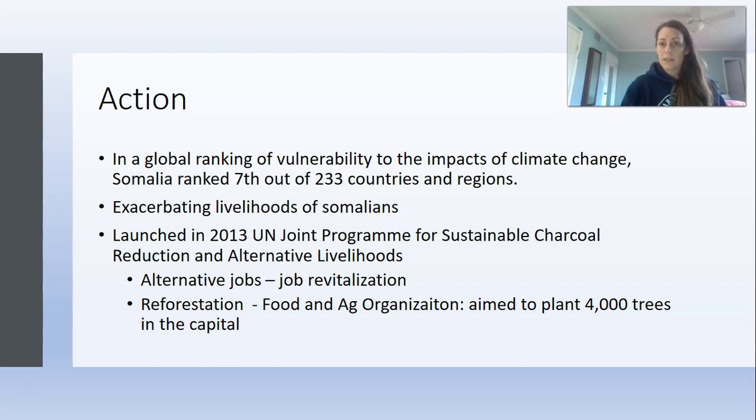The two things that were really pivotal in this program were the idea of creating new jobs, job revitalization, so moving away from the illegal charcoal trade to finding alternative jobs for people, and reforestation. So the Food and Agriculture Organization aimed to plant 4,000 trees in Mogadishu. But that's the extent of it.